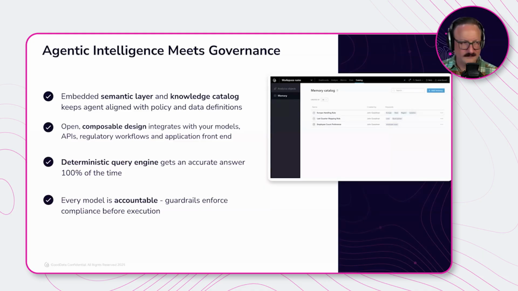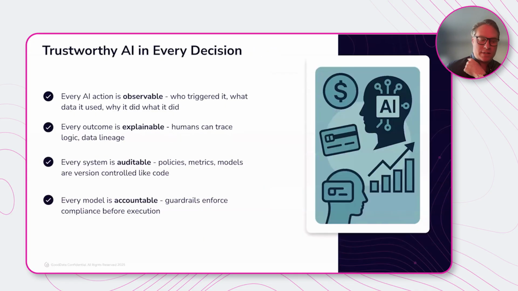Yeah, Ryan, actually, if you wouldn't mind, if you go back to the previous slide, I just want to touch on that because I think this is a very, very important part of the use cases that we work on and the actual productionalization of this AI. Because I think we talk about the risk associated with doing this for fintech, and that the way that you prevent that risk is through these things. So being observable, explainable, auditable, and accountable. You know, it's maybe not the most important part of the project, but it's pretty close. Like without all of these things, you don't know what the AI is doing.